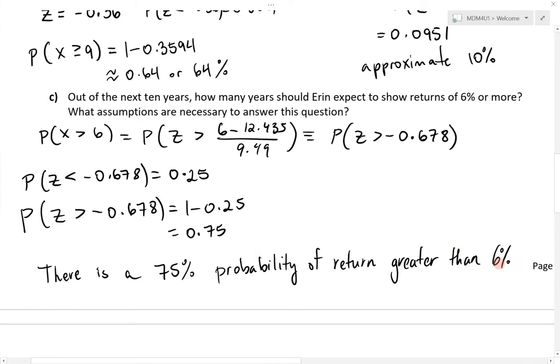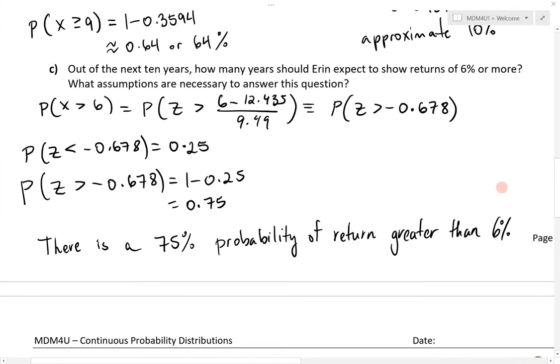So you can say the expectation is about 7 to 8 years out of the 10 years of investment that Aaron would get greater than 6% in returns. And I say 7 or 8 years because 75% of 10 years is 7 to 8 years.